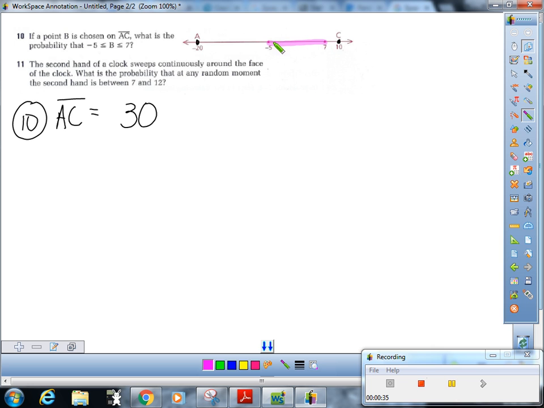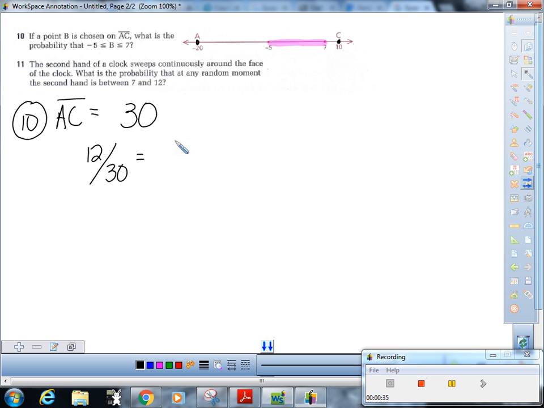How long is that segment? That's 12. So the answer to this is 12 out of 30, which is, let's see, 2/5 or 40%. All of those are good answers. These are the best two answers. Okay? All right, so now let's look at 11.